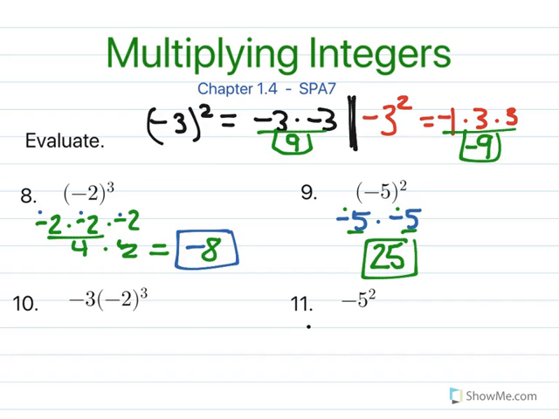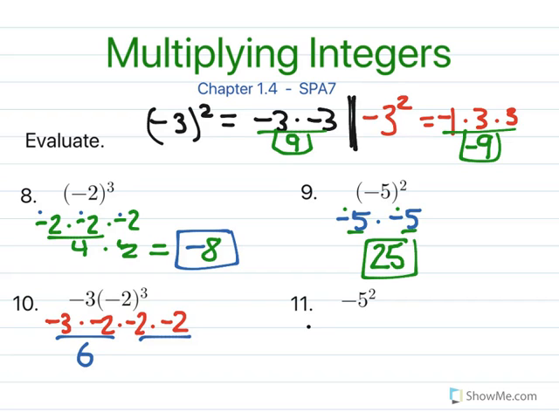All right, let's look at number 10. For number 10, I have negative 3 times, and again, the negative 2 is in parentheses, so negative 3 times negative 2 times negative 2 times negative 2. Now, if you want to, you can say negative 3 times negative 2 equals positive 6, because a negative times a negative is positive.